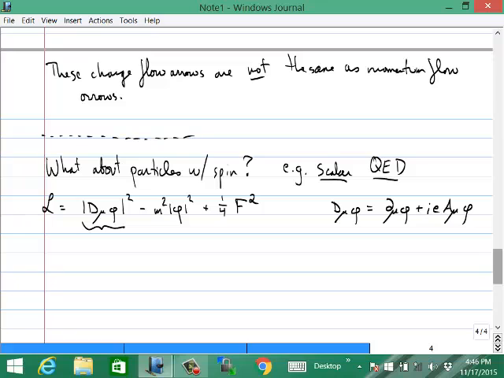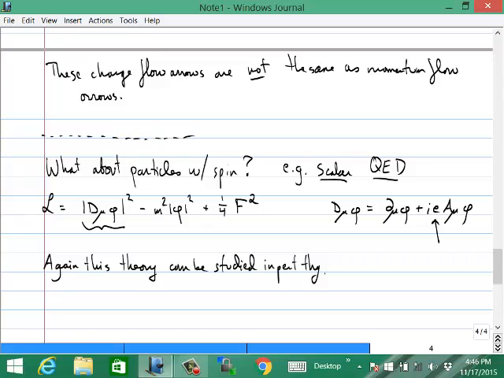Good. So again, this theory can be studied in perturbation theory using Feynman diagrams. The coupling constant that describes the strength of interactions in the theory is the electric charge e.